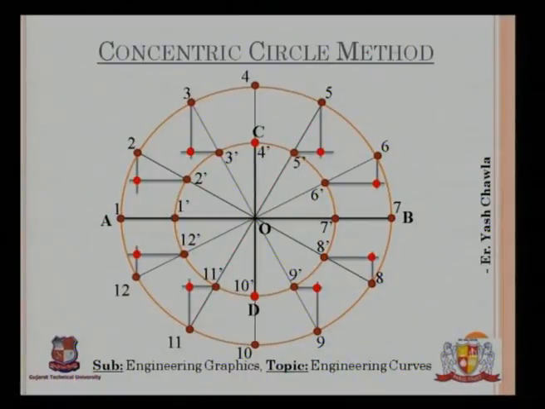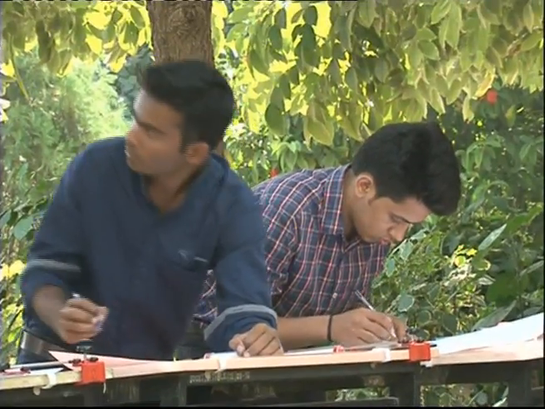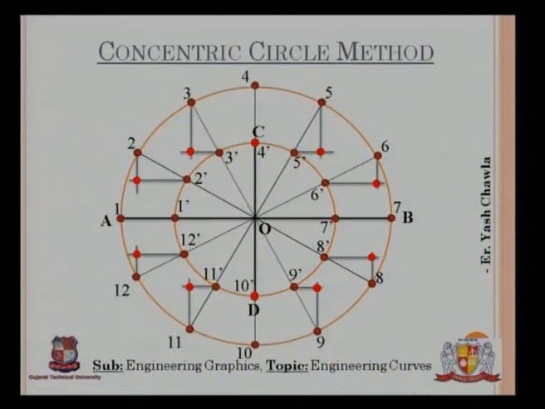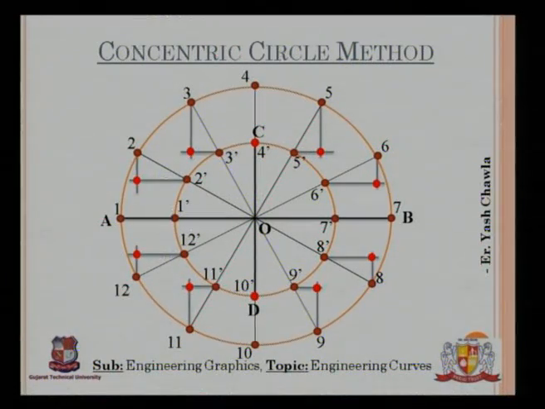C and D are the end points of the minor axis, and A and B will also be on the ellipse, because they are the end points of the major axis.